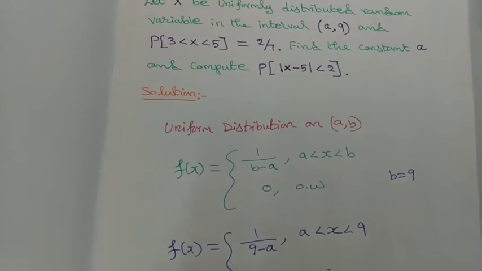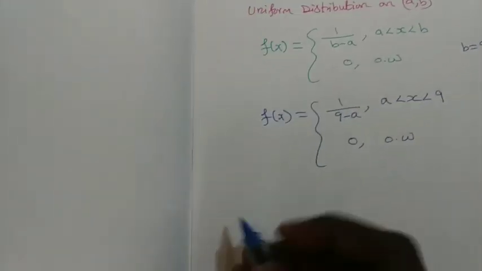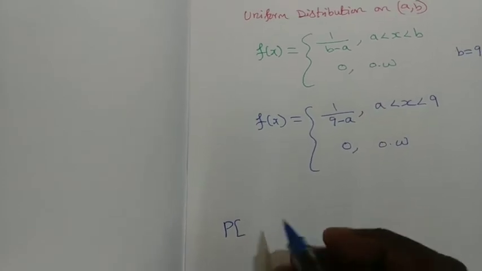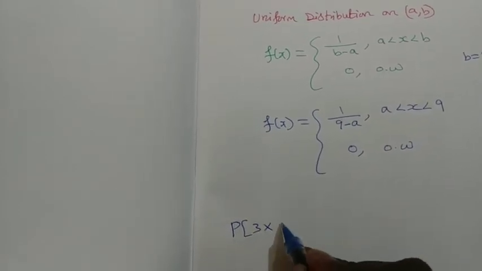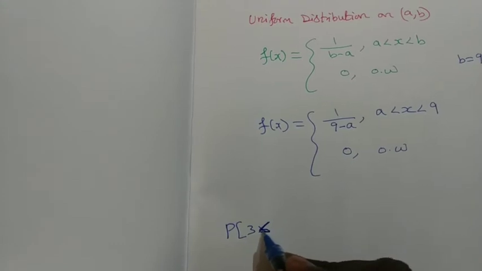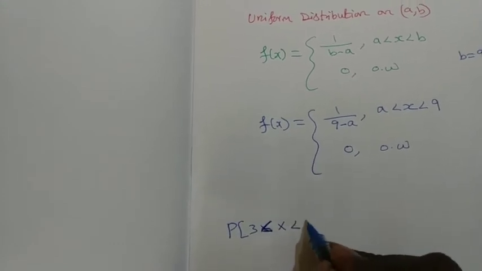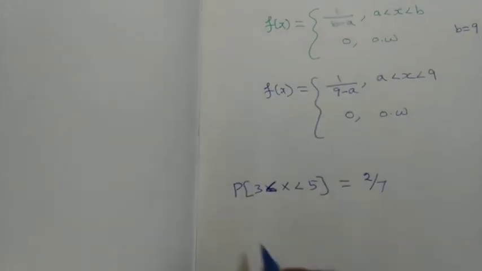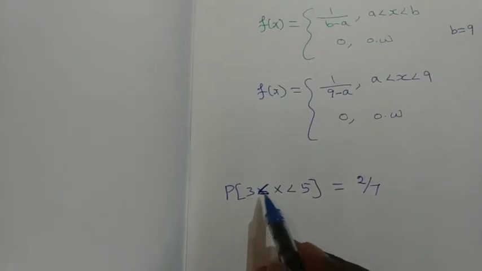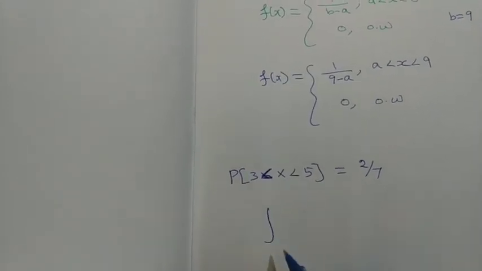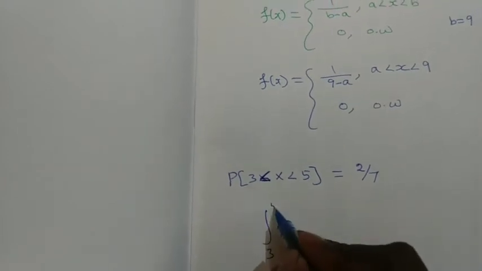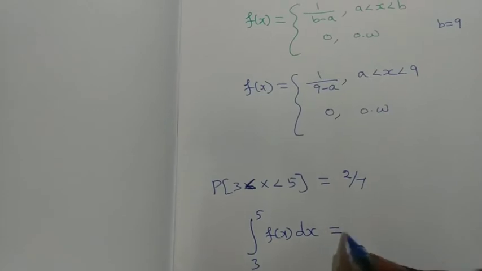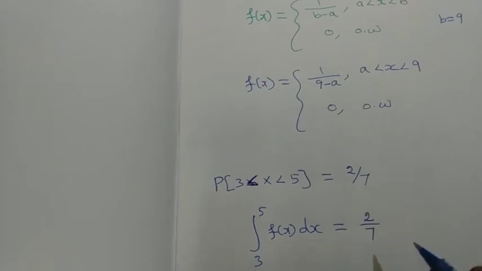So now the given condition is P(3 < x < 5) equal to 2 by 7. Okay, so P(3 < x < 5) means the integral from 3 to 5 of f(x) dx is equal to 2 by 7.